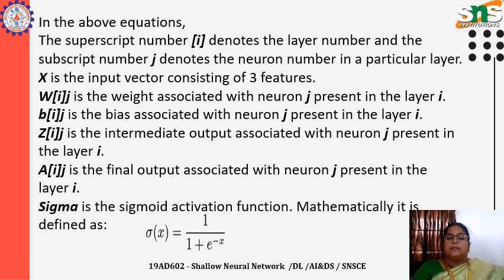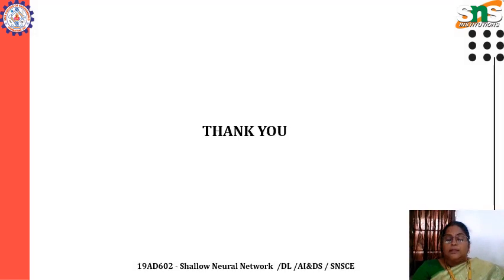And a is considered as the final output associated with neuron j present in layer i, and sigma is the sigmoid activation function, mathematically represented as sigma of x equals 1 divided by 1 plus e to the power minus x. So these are all the various functionalities of the layers present in the shallow neural network.